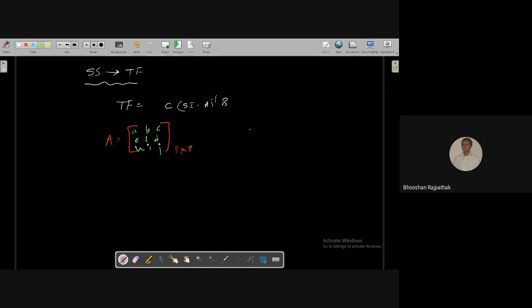First, you will have to find sI minus A, which will be s 0 0, 0 s 0, 0 0 s minus your A matrix. That will be sI minus A. Then you are going to find out the inverse. So let's say sI minus A we denote by phi of s.